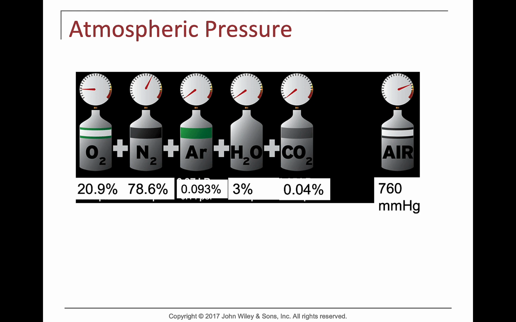Its percentage is 20.9. Moving the decimal to the left 2 places, we would have 0.209, and we multiply that times 760. So we would see that the partial pressure of oxygen in atmospheric air is 158.84 millimeters mercury. And if you did that with all of the gases and added them up at sea level, they should equal out to 760.